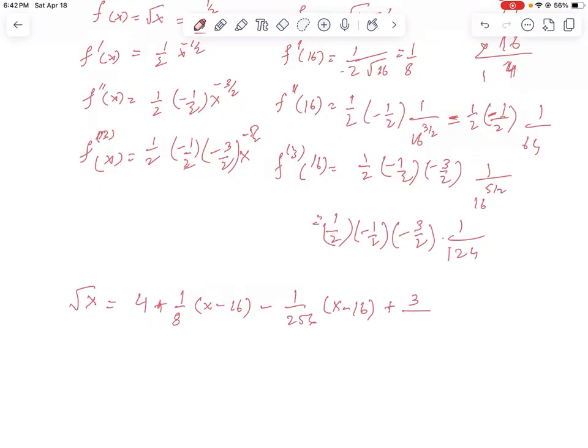And then we have 1 over 2 and 124 as well. And x minus 16 whole squared. The square will come here and then divided by 2 factorial. This will be cubed divided by 3 factorial.